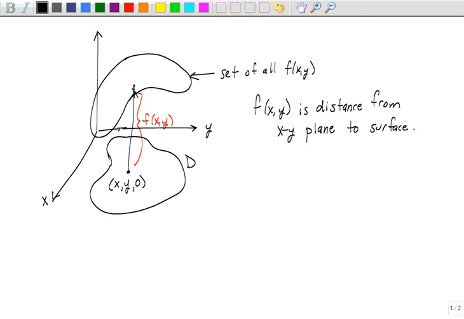So that's going to a point on that surface. So each of the points in this flat domain are getting sent to a point on that surface.